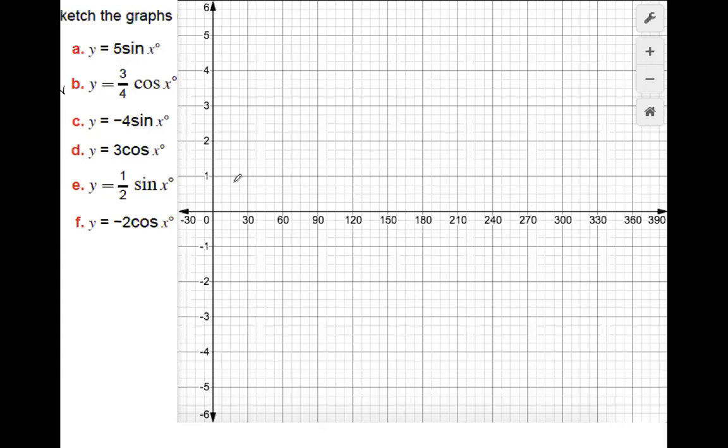So what you could do is draw cos x, because that's the one that you are more used to. So this is cos x, you would go to 90, then you would go down right up to 180 here. Then you would go back up to 270 and then at 360. So that would be cos x.